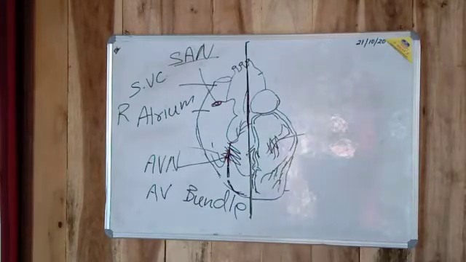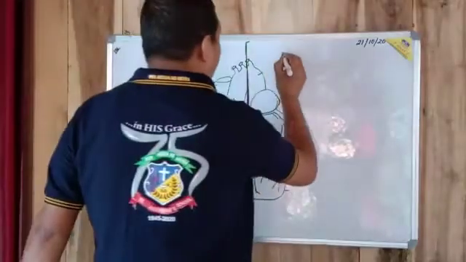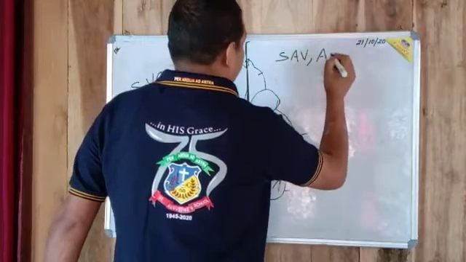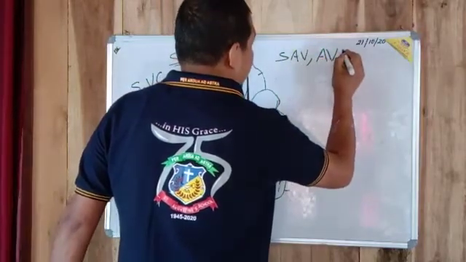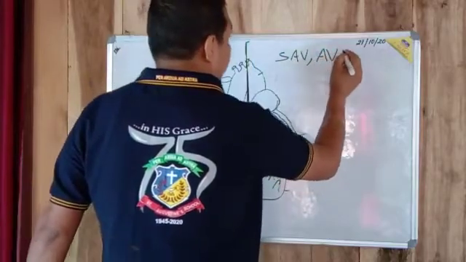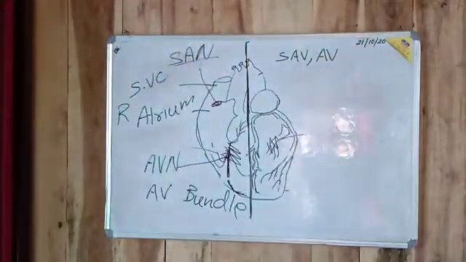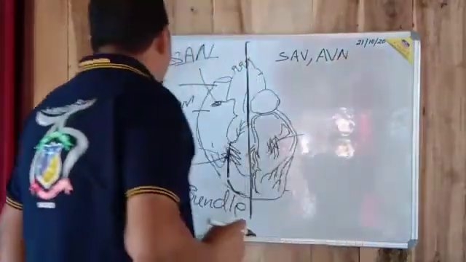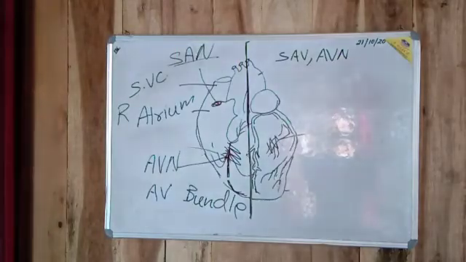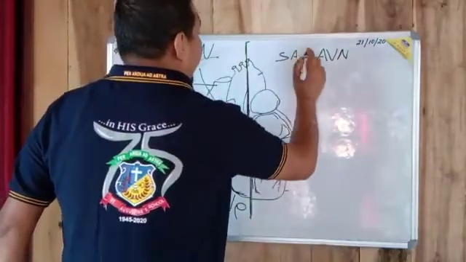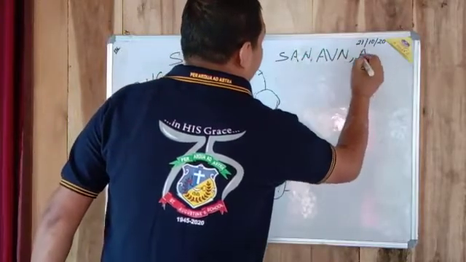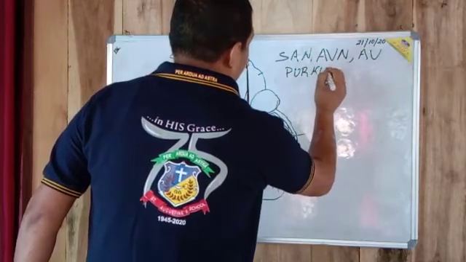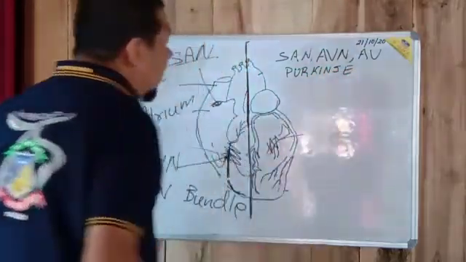Out of the four, what four? Sinoatrial node, atrioventricular node, AV bundle, and Purkinje fiber.